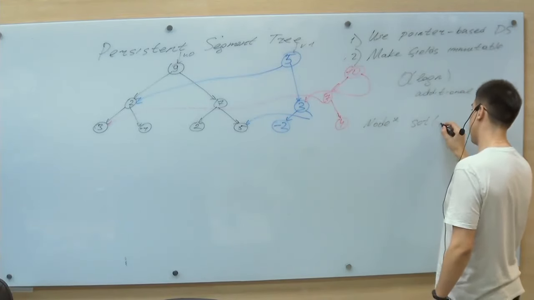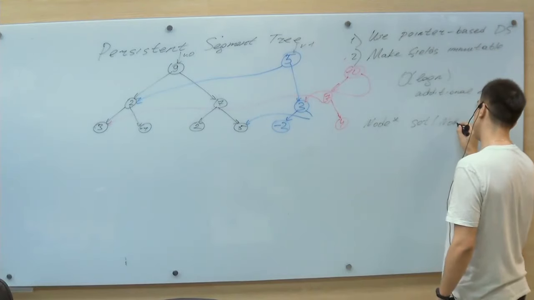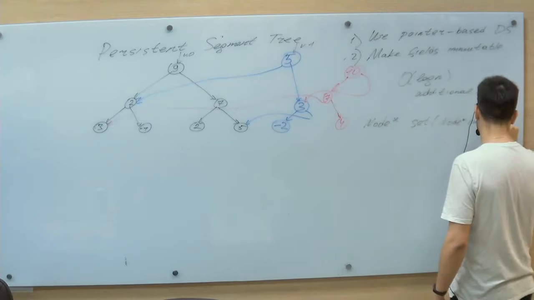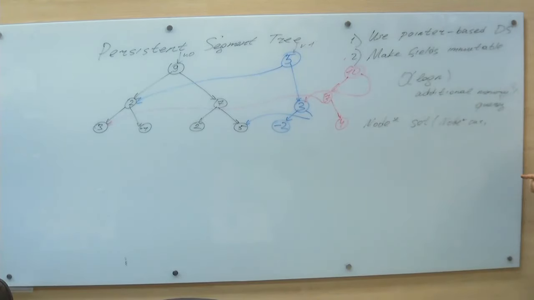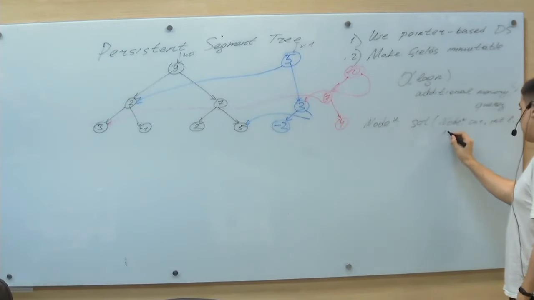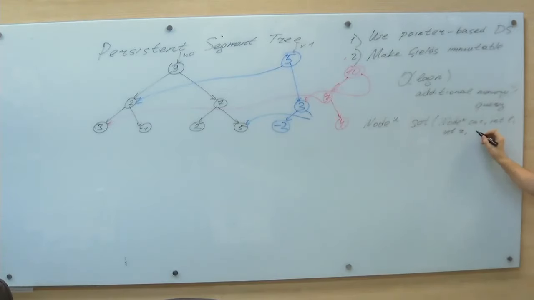So we have the pointer to the current node. I don't know how you implement segment trees, but usually you pass the current left border and the current right border. So int left, int right, and two more values: the index and the value.